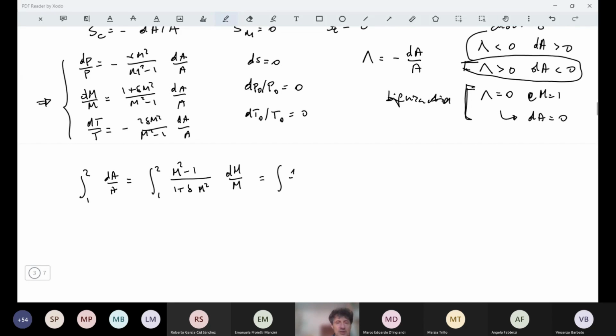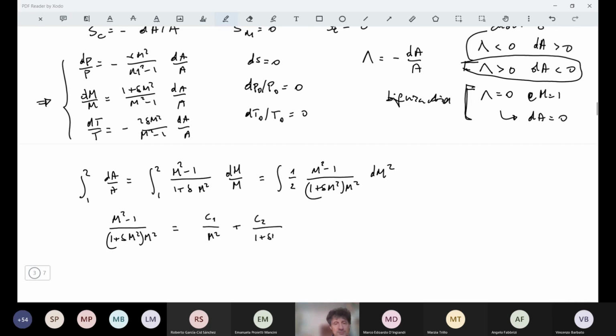First we make appear only M squared, and then we see that this M squared minus 1 over 1 plus delta M squared multiplied by M squared can be expressed as the sum of two contributions, let's say C1 over M squared plus C2 over 1 plus delta M squared.